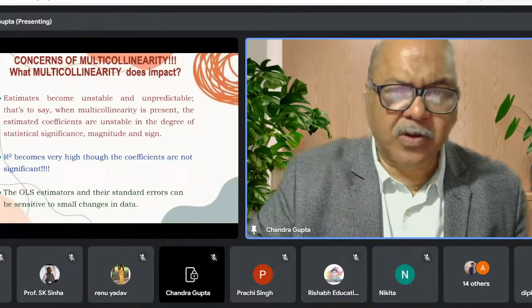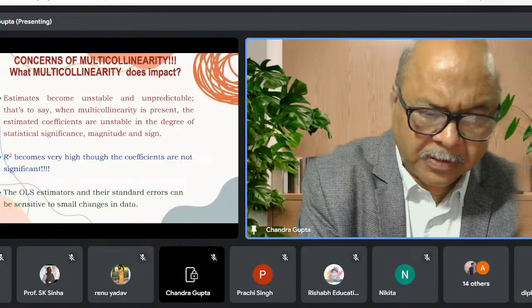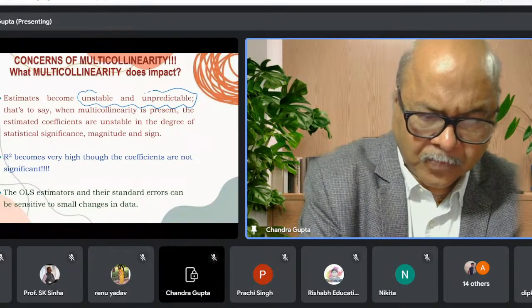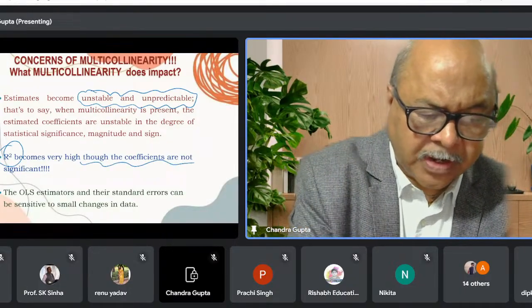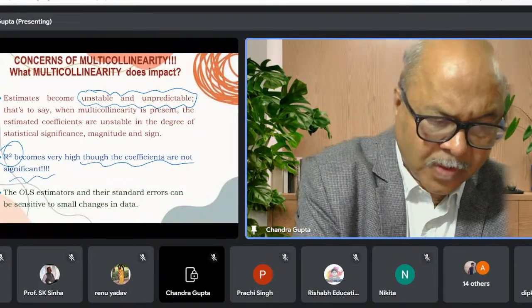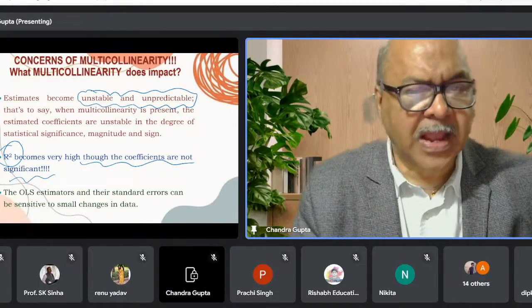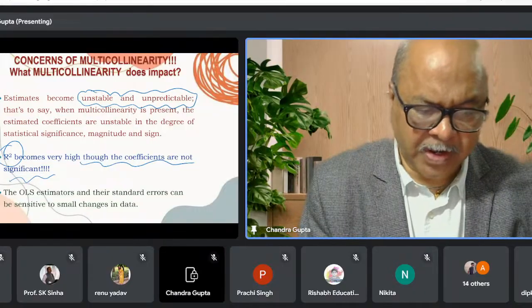When multicollinearity exists, estimates become unstable and unpredictable. R square is high, but none of the coefficients is significant. That's one of the important indicators of the multicollinearity problem: high R square, but none of the coefficients coming out significant.